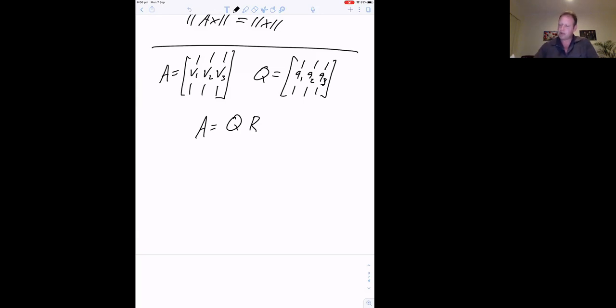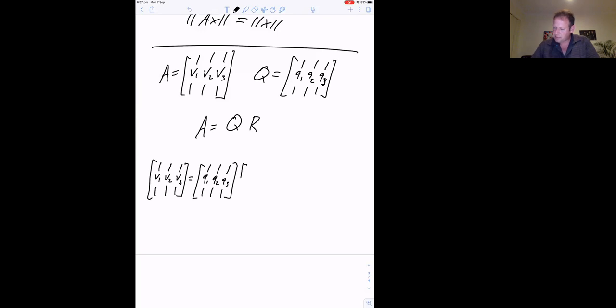A equals QR. So to do that, let me write V1, V2, V3 equals Q1, Q2, Q3.